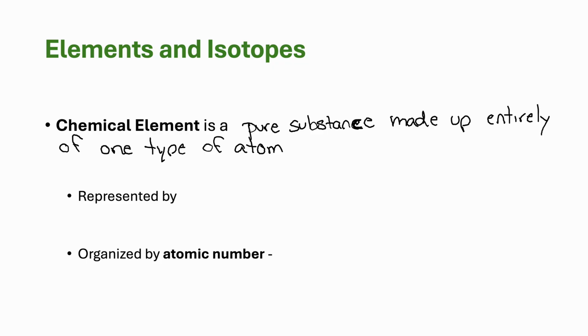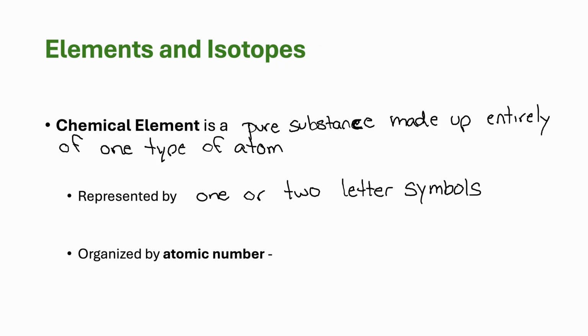So a chemical element is represented by one or two letter symbols. The first letter is always capitalized. The second letter is always lowercase.